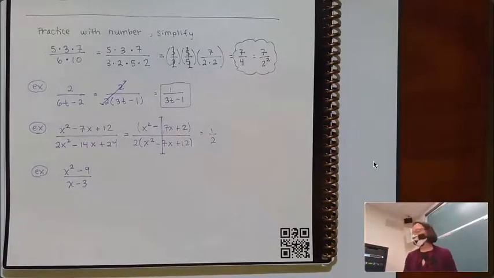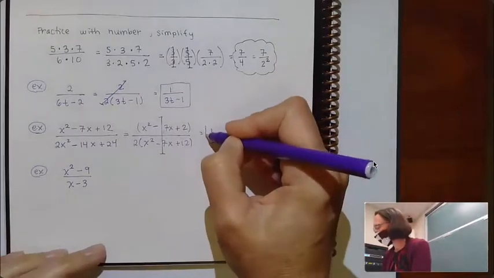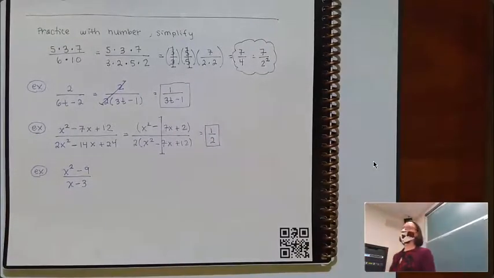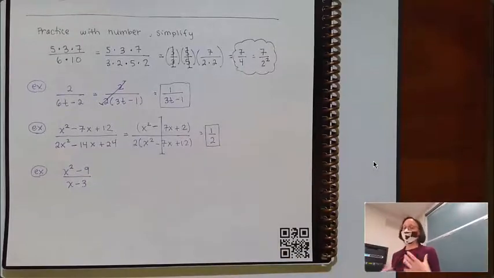So this is another one where I understand the temptation to take that x squared and x and simplify that, and take the 9, the -9 and the -3 and simplify that. And occasionally you might accidentally end up with the right answer for the wrong reason.